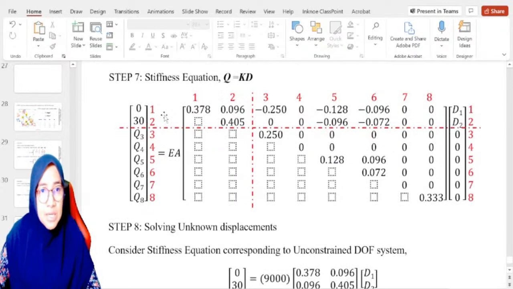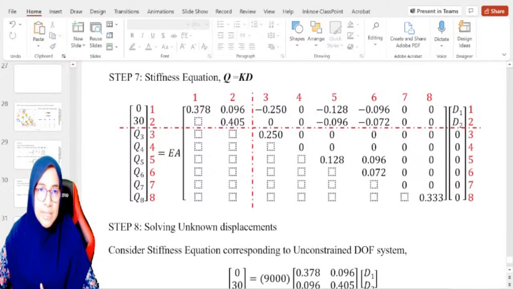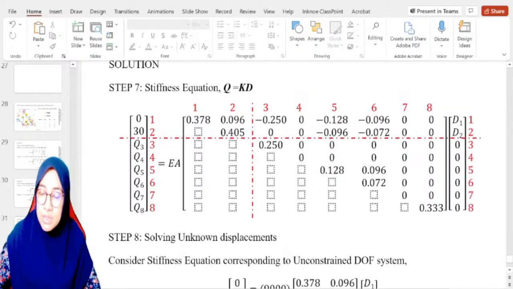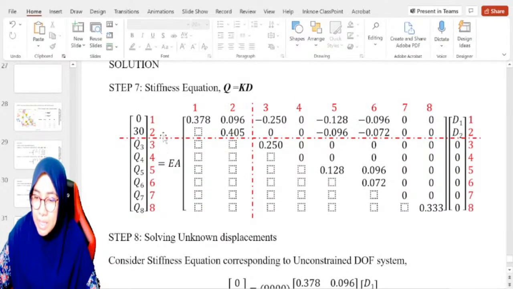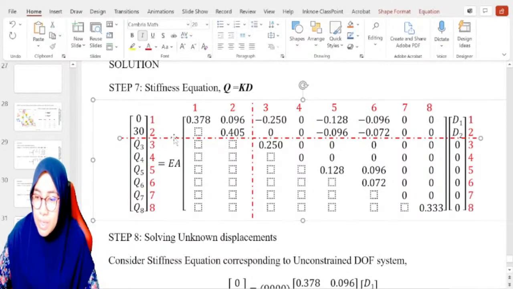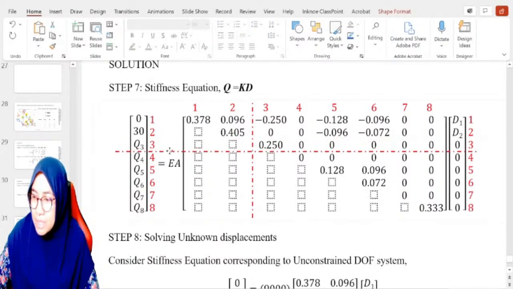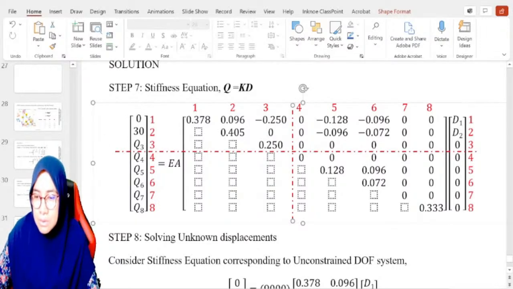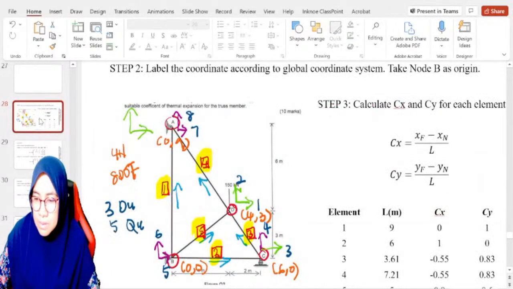For the stiffness equation, the basic stiffness equation without considering temperature changes or fabrication error is like this: Q is equal to KD. For our question, we have the boundary after 3, like this. So we have negative 150.